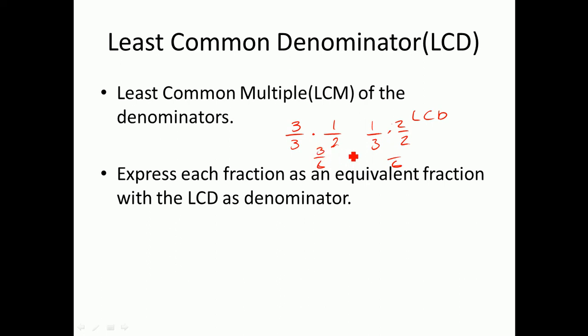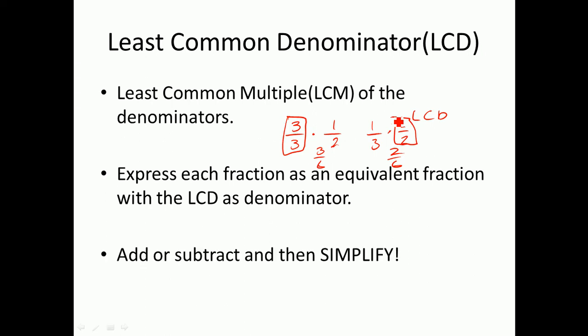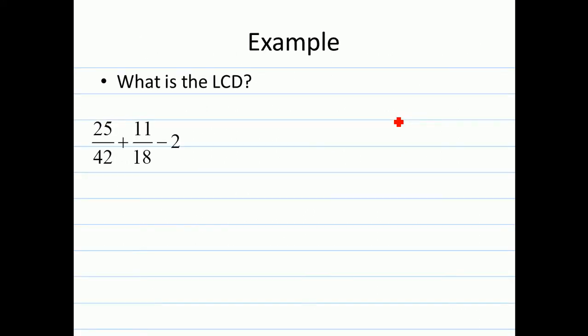So you'd have 3 over 6, and in this case you'd have 2 over 6. And it's still equivalent fractions. Why? Because all we're doing is multiplying by 1. So that's what we mean by that. And then after that, you add, subtract, and then simplify. Remember I said that you're always going to have to simplify, right? So let's go to an example.